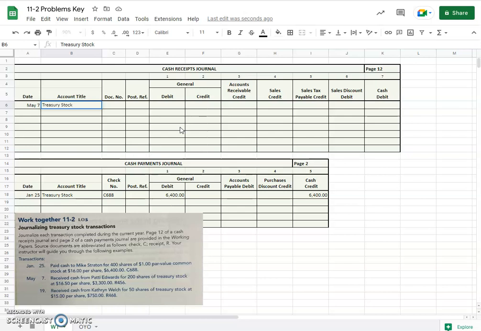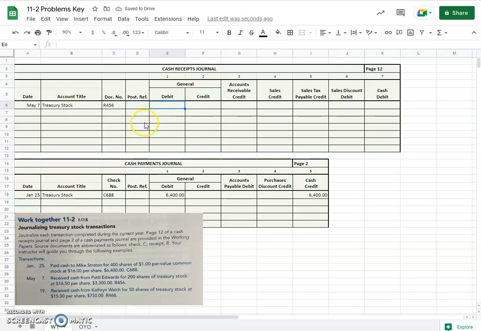So we are reselling this treasury stock that we bought, right? January 25th, we bought our stock back, and now we are reselling it. So 200 shares at $16.50 per share. Document number, receipt, 456. Okay.